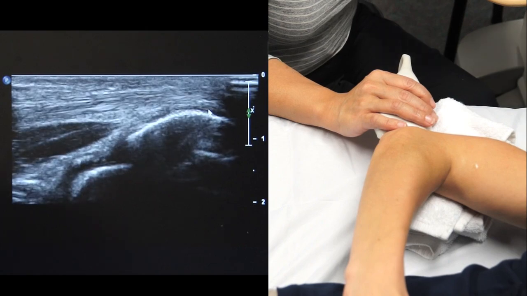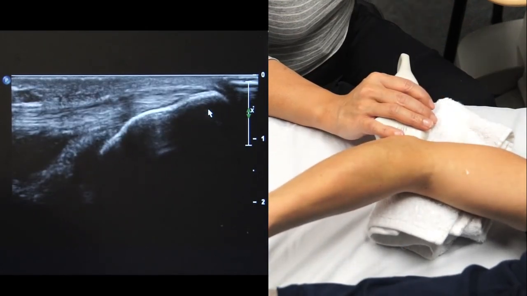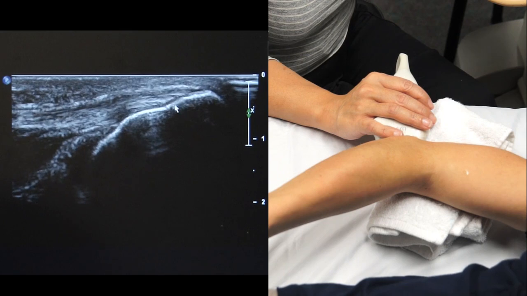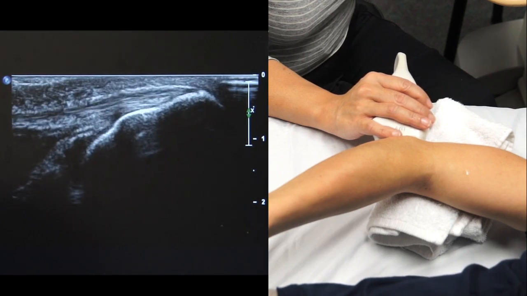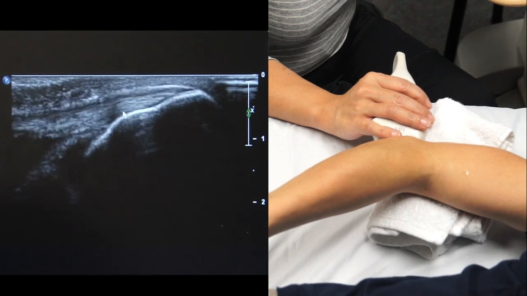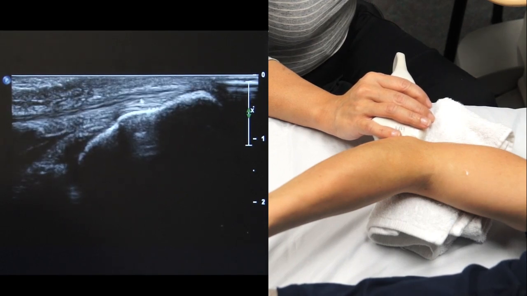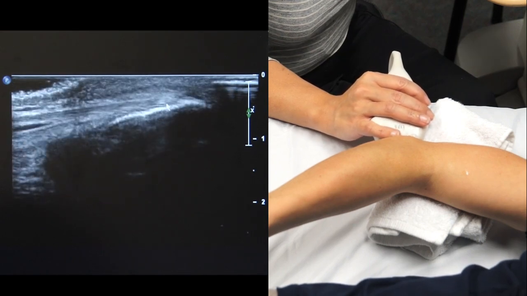One way to address that is to have the patient bend their arm in 45 degrees flexion, and now you can see the insertion quite nicely. You can see the smooth cortex and the insertion of the fibers onto the olecranon, but also the fibers are now perpendicular to the beam, and we have eliminated the anisotropy.